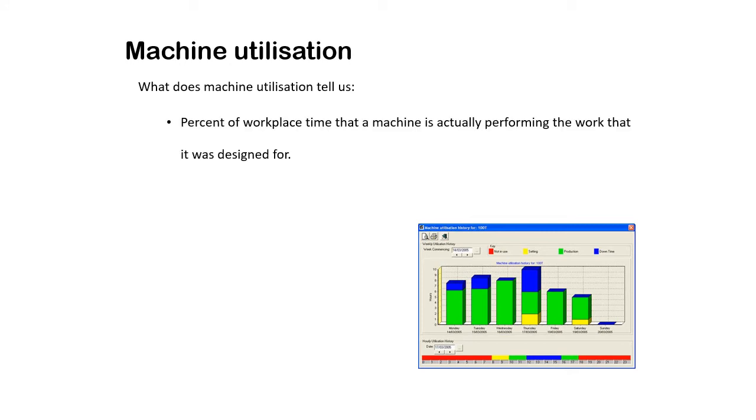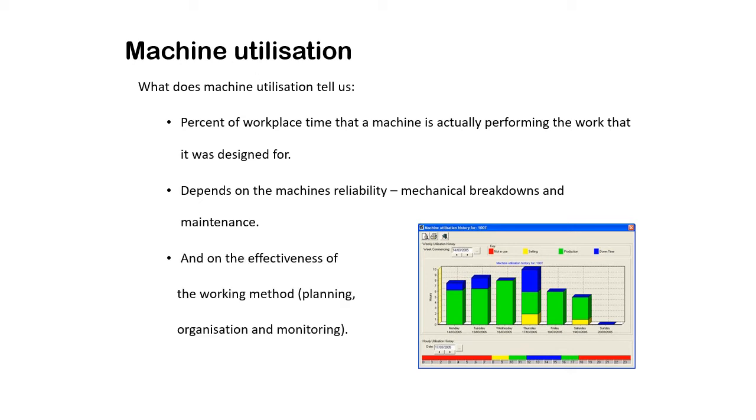Of the potential workplace time, the machine is actually performing work that it is designed to do. In other words, pulling logs from the stump to the roadside, cutting logs up, or digging holes. It depends on the machine's reliability, mechanical breakdowns, maintenance, and the effectiveness of the working method: planning, organization, and monitoring, making sure that everything's in place so that the machine can actually work effectively and not have to deal with unforeseen delays that could have been dealt with in the planning and monitoring component of setting up the work site.